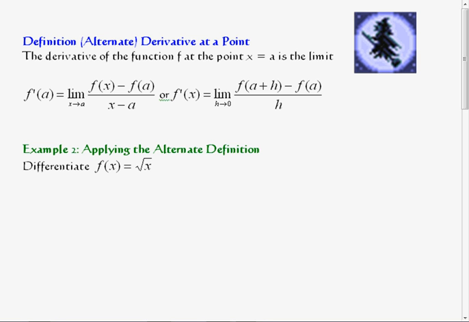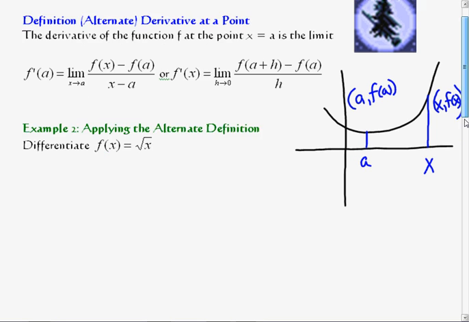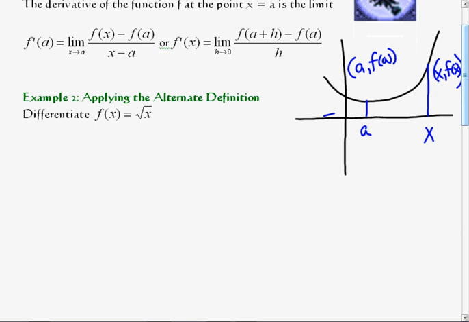There is another definition of a derivative. You can do it a different way, which actually is the same way, but the algebra ends up being a little bit different. So here's my function, and I'm now going to look at a point here, A, and now I'm going to look at this point, call it X. Then this ordered pair is A, f of A, and this is X, f of X. Can I find the slope of the secant between those 2 points?